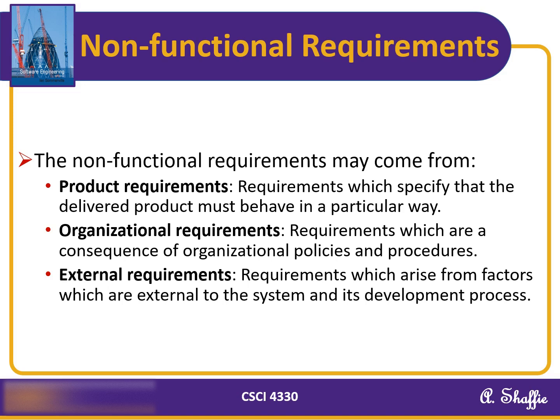All these requirements are related to the product itself. Organizational requirements arise from organizational policies and procedures, including process standards and implementation requirements. We have external requirements, which are driven by factors outside the system and outside the development process, such as ethical guidelines.